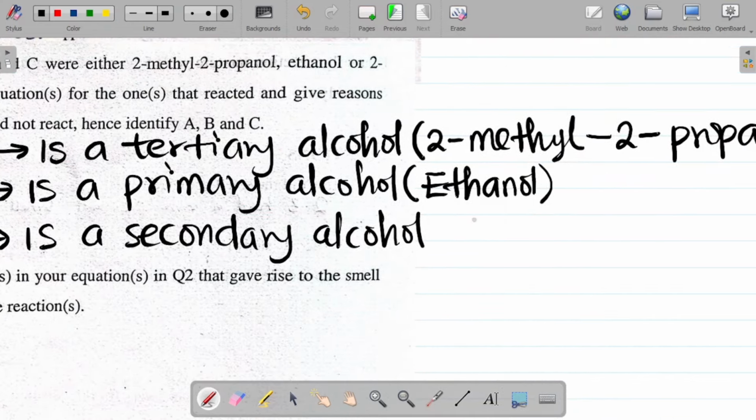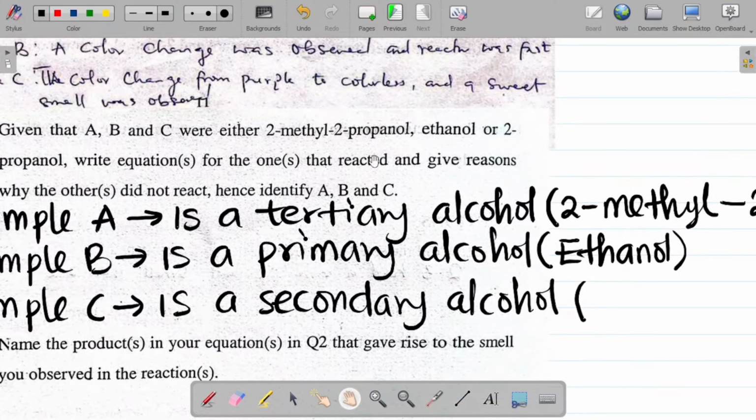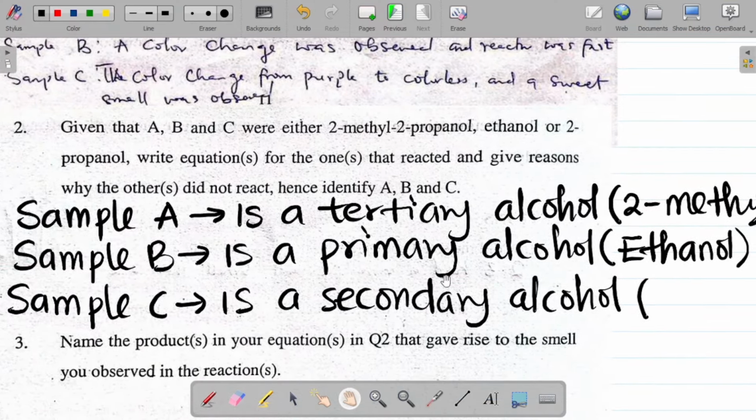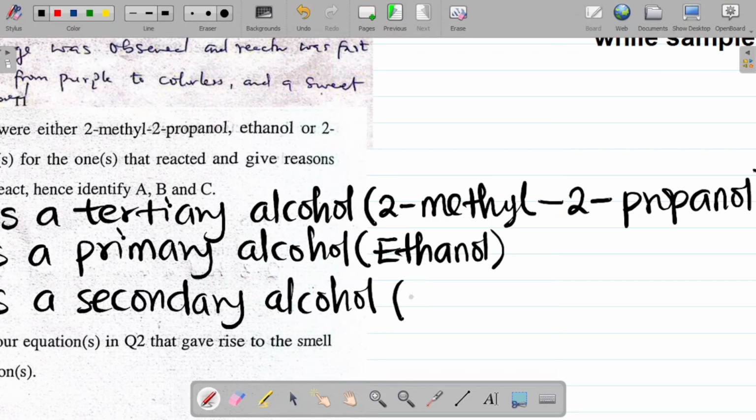The secondary alcohol here from the given reactants is just 2-propanol. That becomes 2-propanol. All right, so with this, we have identified A, B, and C.